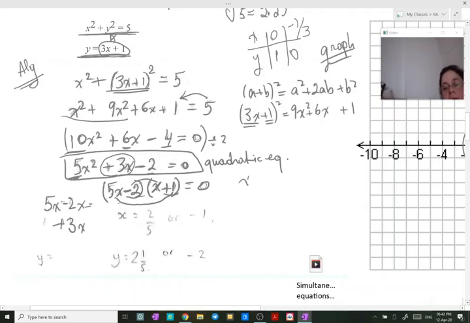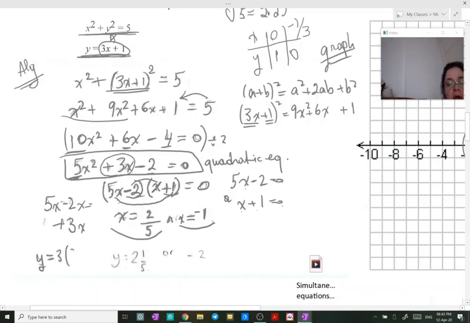So 5x minus 2 is 0, or x plus 1 is 0. So when 5x minus 2 is 0, then x is equal to 2 over 5. And when x plus 1 is 0, x is equal to minus 1. Now for this x you have a y, and for this x you have a y. So you place it in the second equation. So y is equal to 3 times 2 over 5 plus 1.